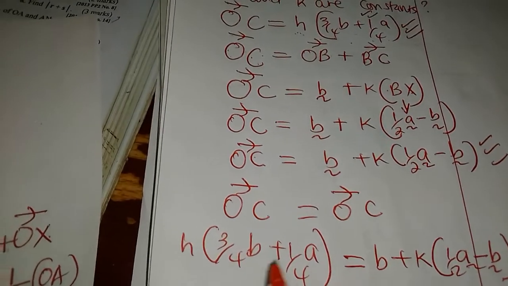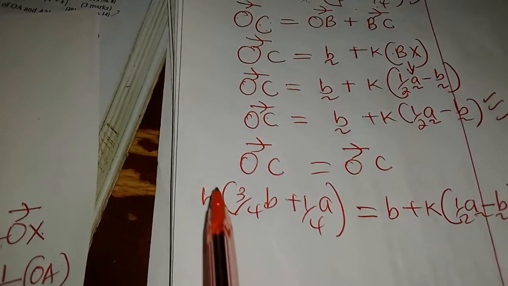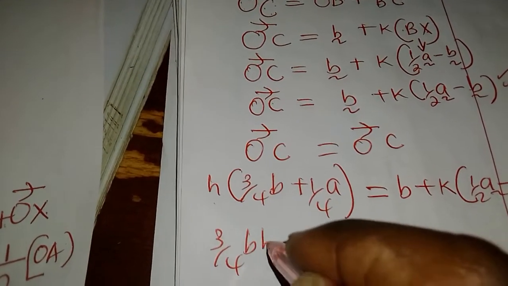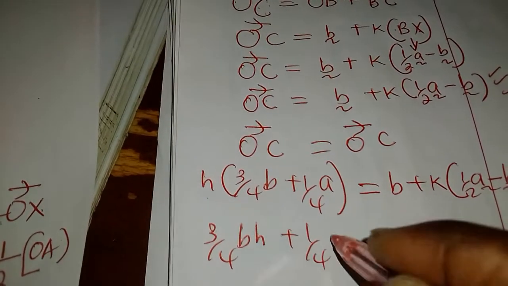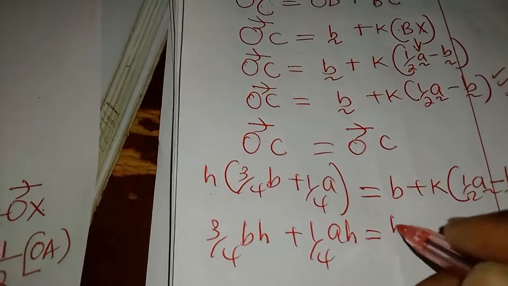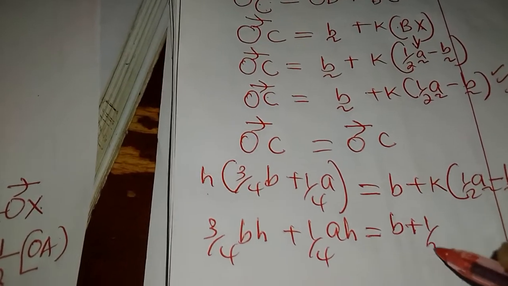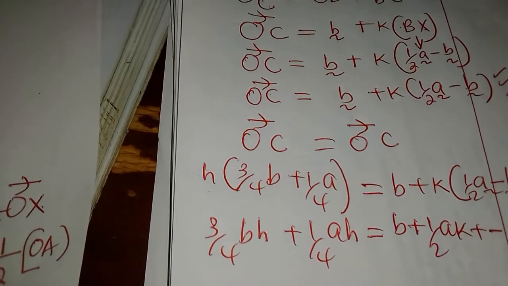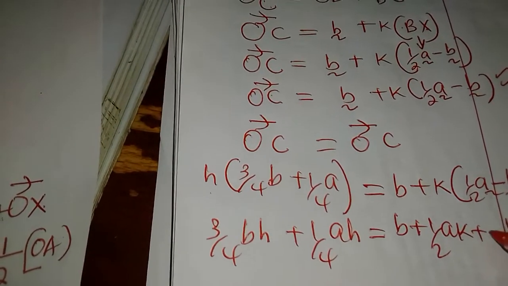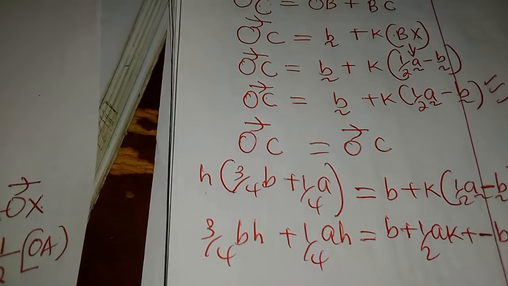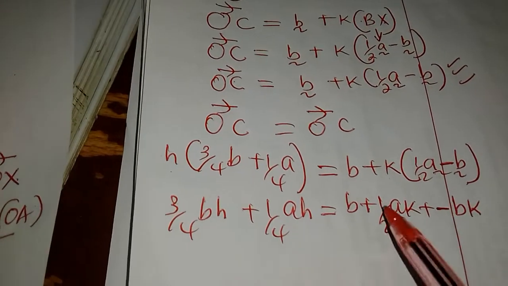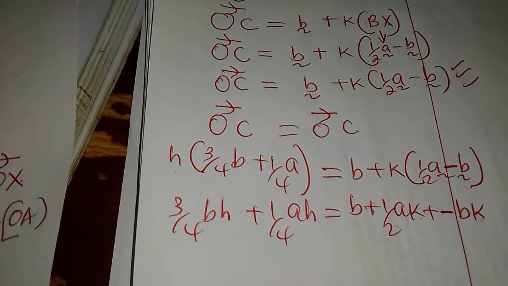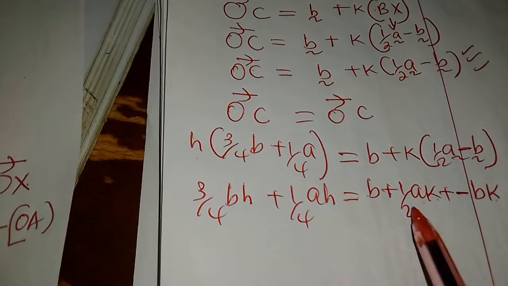Good. So I'll open the brackets because I want to get the values of h and k. So 3 over 4bh plus a quarter ah should be equal to b plus a half ak plus negative bk. The negative is here. So I'm going to collect like terms.